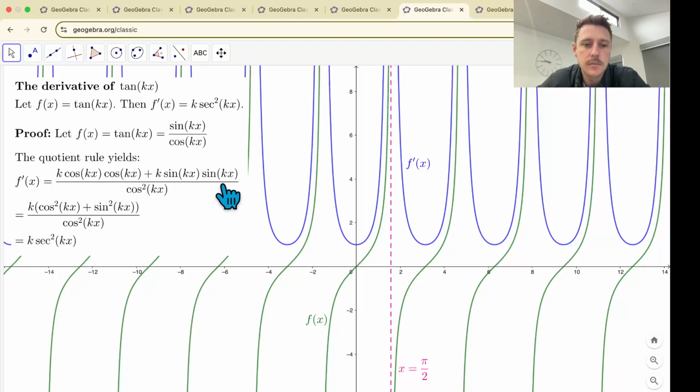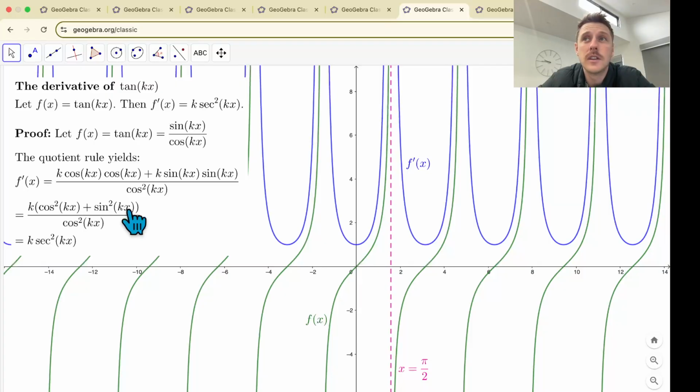And multiplying the terms together, you see here that we get cos of kx multiplied by cos of kx. So that becomes cos squared kx. Similarly over here, sine squared kx. Then you can take k out as a factor out the front, and you'll notice you get this. And this is actually one. This is what's called the Pythagorean identity. I probably should have put that in the prior knowledge, but we know that sine squared kx plus cos squared kx equals 1.